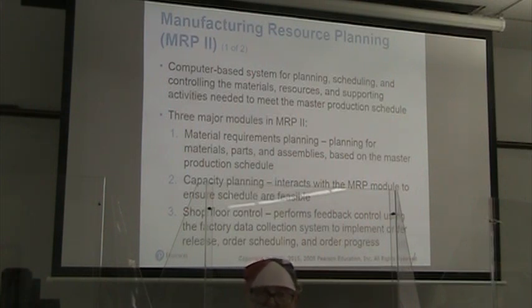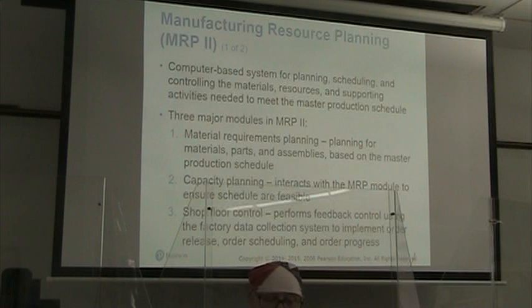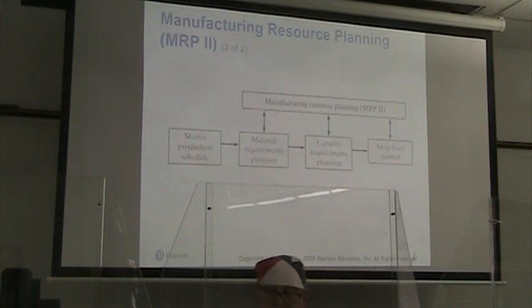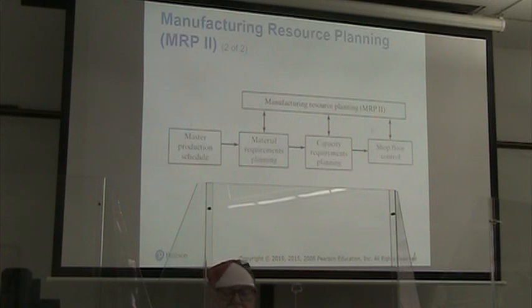So really what the MRP2 system does is wrap up some of the functions that we've been talking about into one bundle. We have our master production schedule, and our manufacturing resource planning, or MRP2, takes over the material requirements planning, the capacity requirements planning, and the shop floor control.